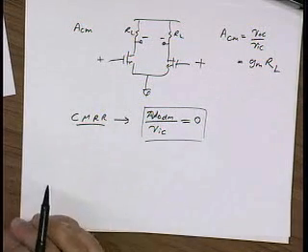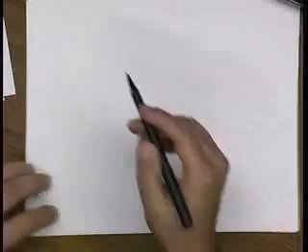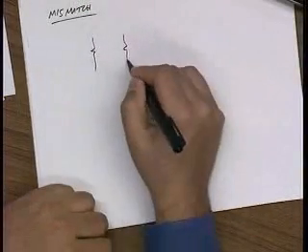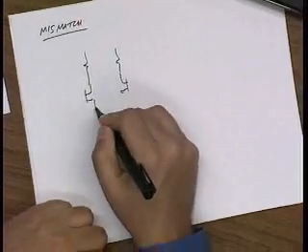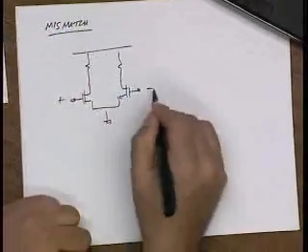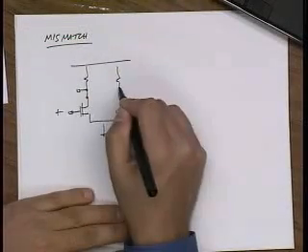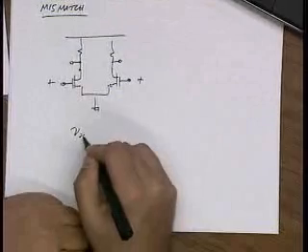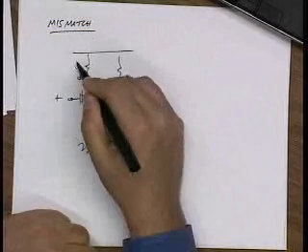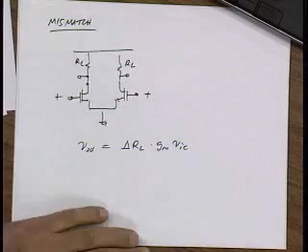Okay, very good. Mismatch, right? So what if you have a mismatch? Let's look at that. Okay, very good. So now, clearly we have a problem. Because if I apply a common mode input signal, then the output differential mode is basically delta RL, let's say I have an RL mismatch, times GM times V input common mode.